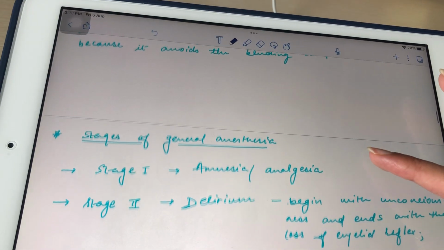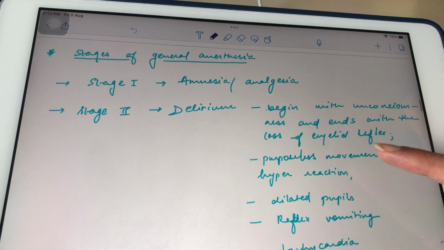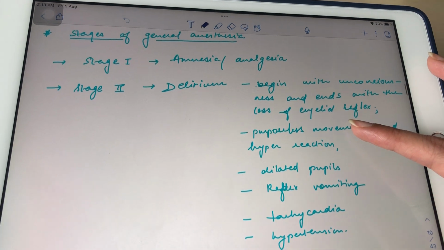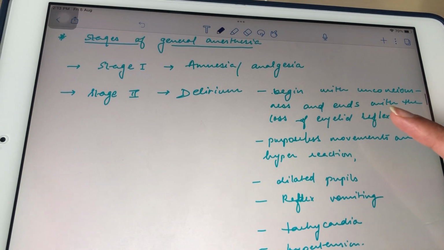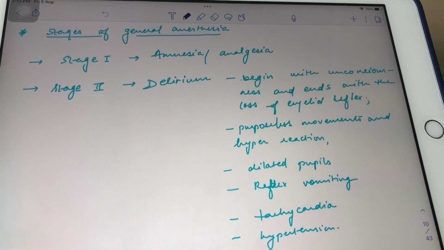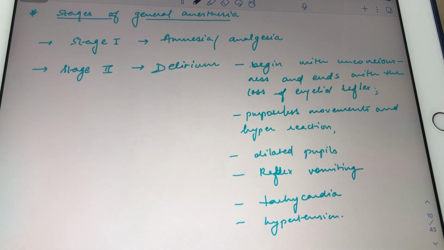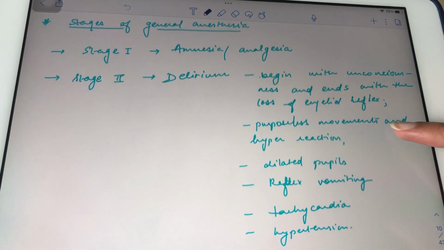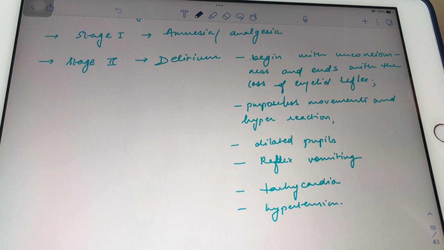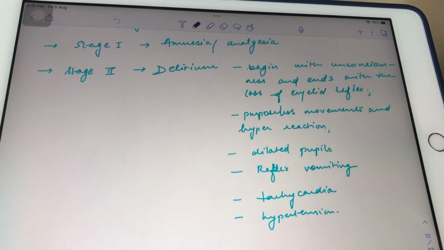Now comes stages of general anesthesia. There is stage 1, which is known as amnesia or analgesia. In this, the pain is controlled. The second stage is delirium. In this stage, the unconsciousness begins, and this stage ends with the loss of eyelid reflexes.